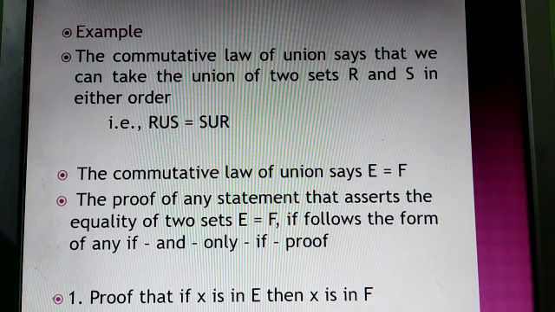So in that we prove two things. Prove that if X is in E, then X is in F. In the same way, prove that if X is in F, then X is in E.